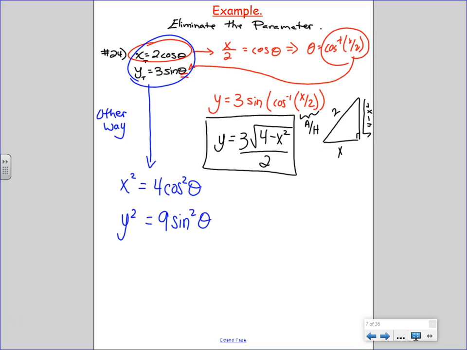Do you guys remember, in elimination, we have systems of equations, we have x's and y's and numbers and x's and y's and numbers, and we add them together to get to a better place? We can do that with any equation, including this one. But guys, is anything special going to happen if I do 4 cosine squared plus 9 sine squared?